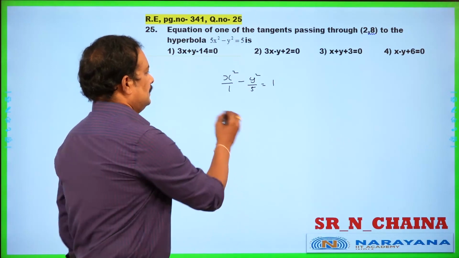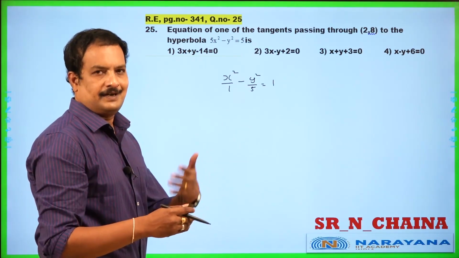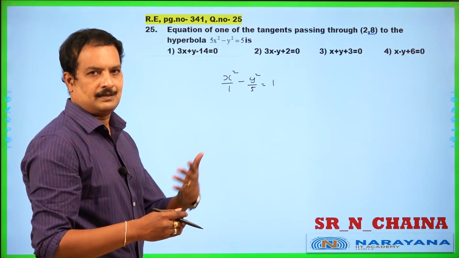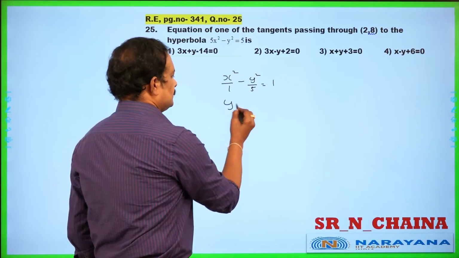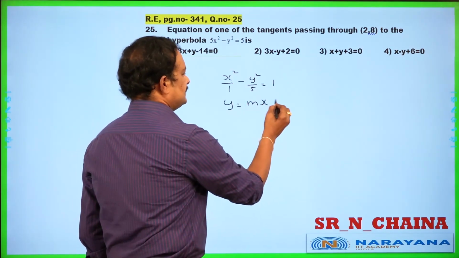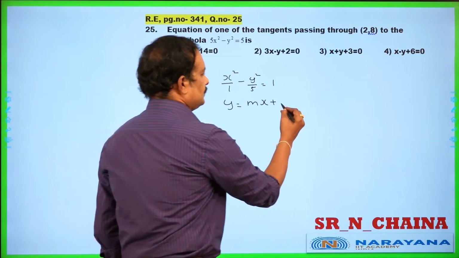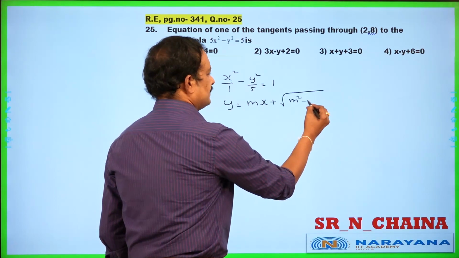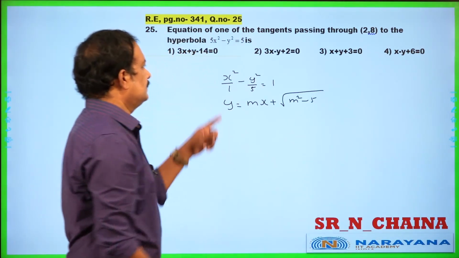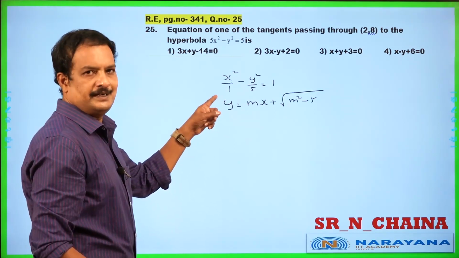Now, what is the equation of the tangent in slope form? That is y equal to mx plus or minus root over a square m square minus b square. Here we are taking plus or minus, either one, of course. So in this case, let us take root over a square, which is 1, into m square, minus b square, that is minus 5. Now the tangents are passing through the point (2, 8), so (2, 8) should satisfy this.